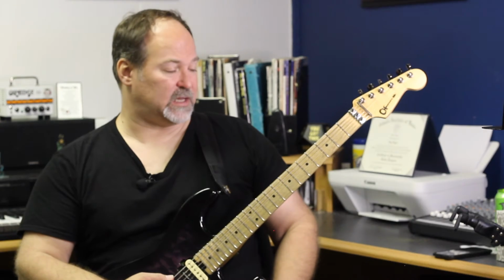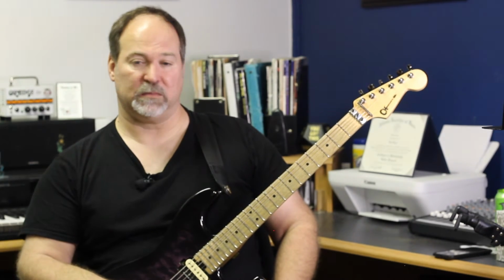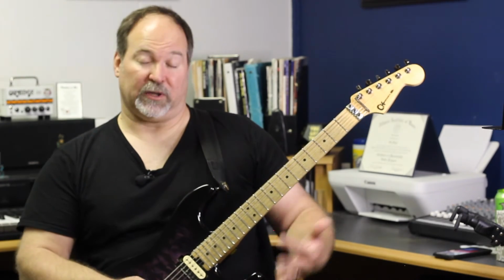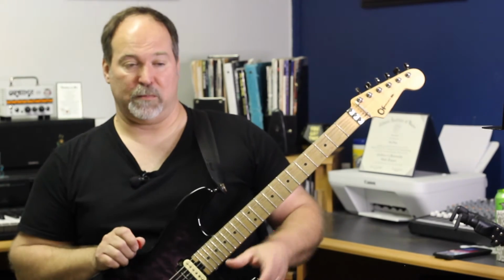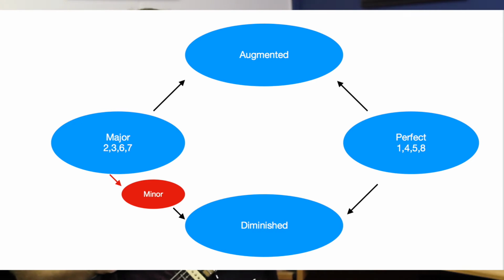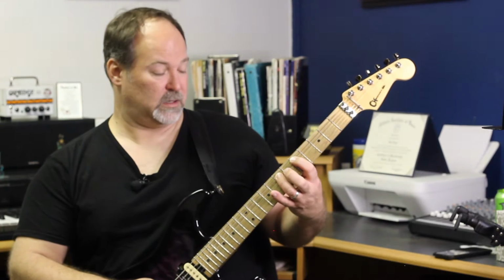Now, how do we change these, to make them different intervals? Everybody's heard of minor intervals and stuff like that. So if we think of our major set of intervals, which is our 2s, our 3s, our 6s, and our 7s, and we lower one, let's just take the second. D to E is a second.